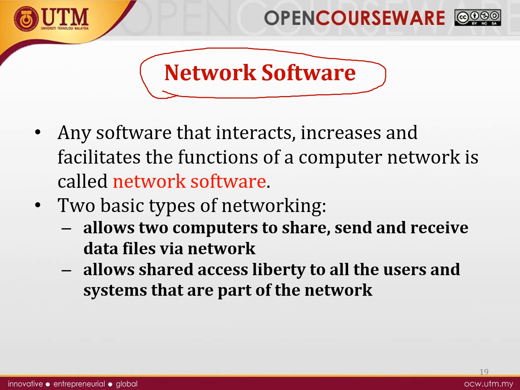And there are two basic types of networking, which allow two computers to share, send, and receive data files via network, and allow shared access to all users and systems that are part of the network.